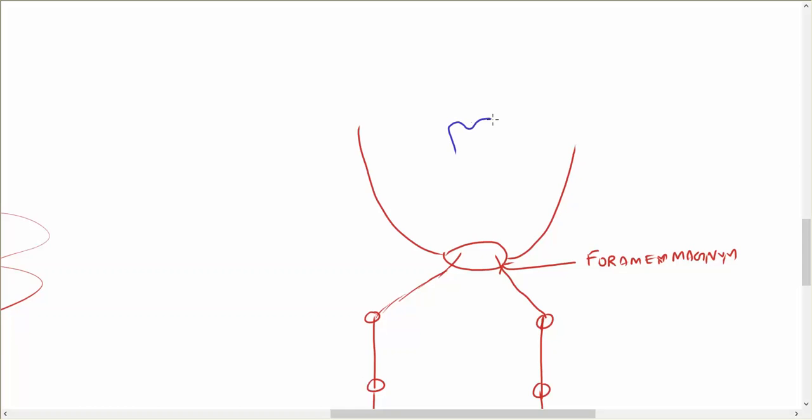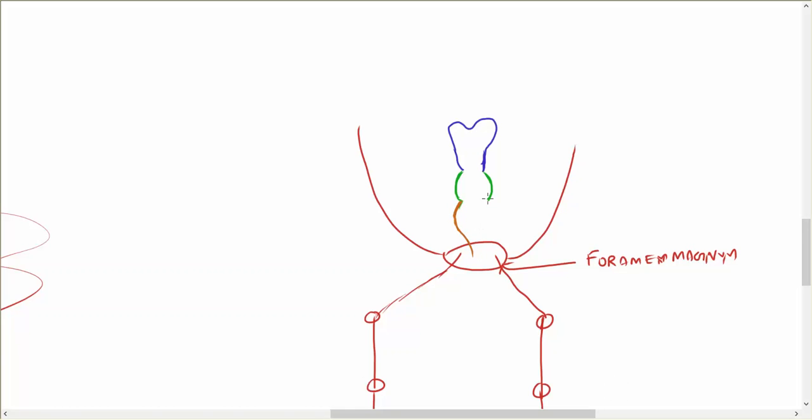We have the midbrain, then we have the pons, then we have the medulla.